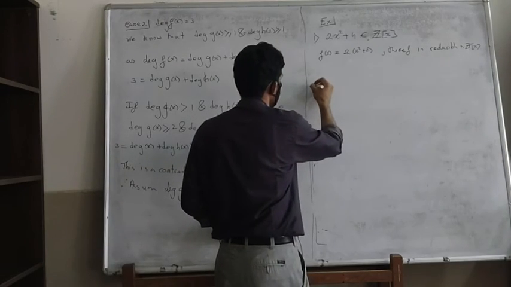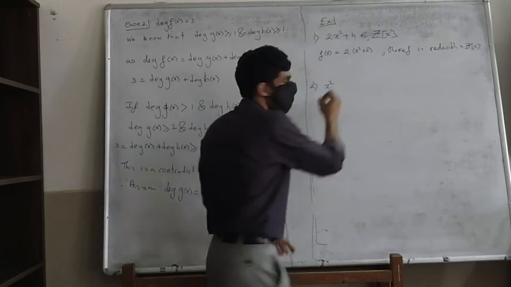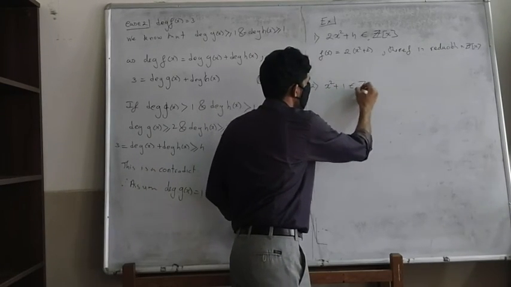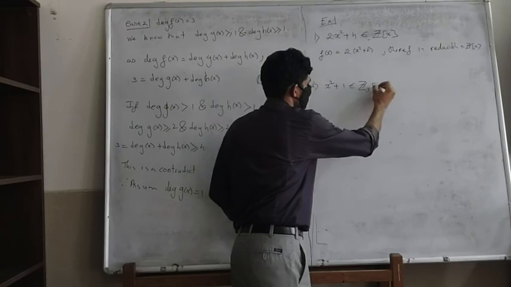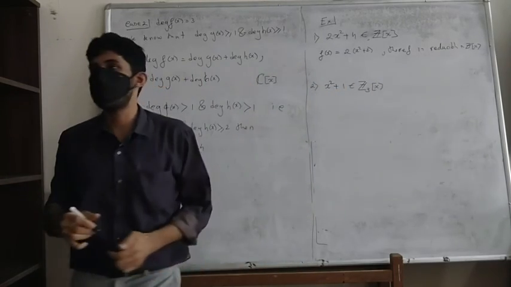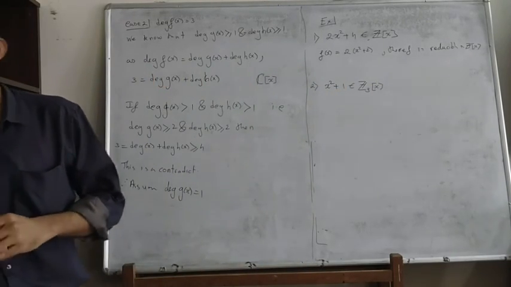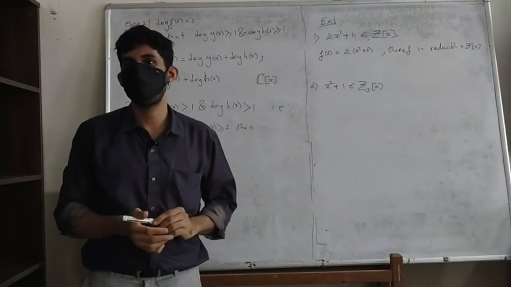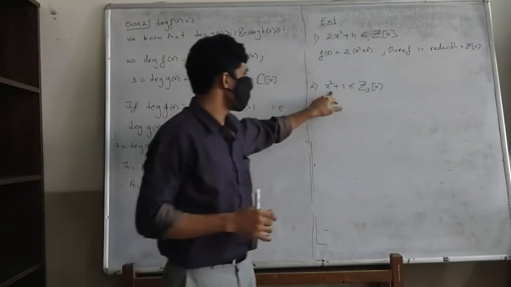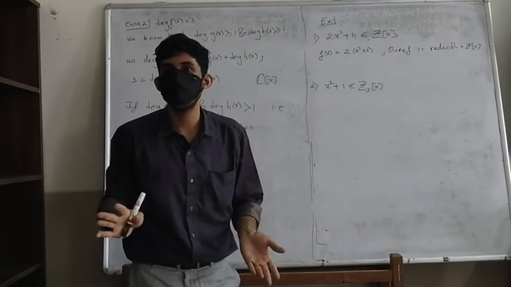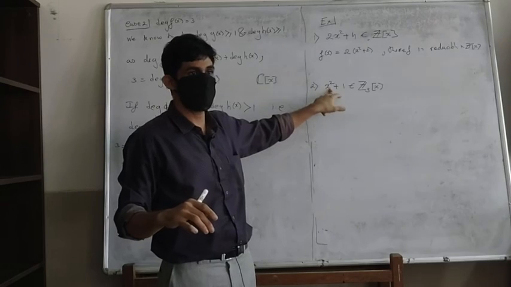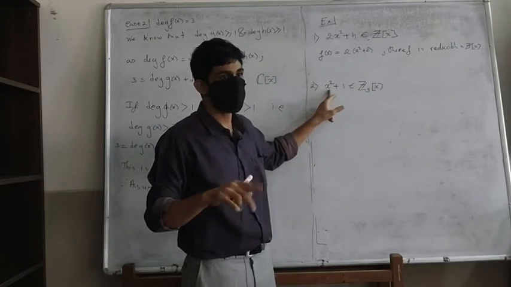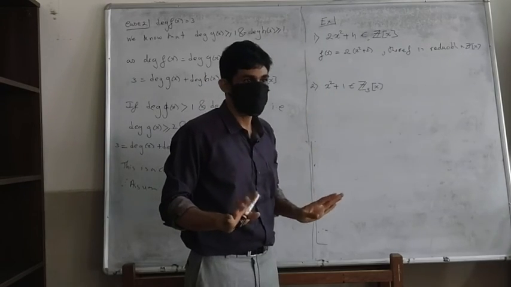Let's look at x square plus 1 in Z3[x]. Is this reducible or irreducible in Z3? All you've got to check is roots, because it's a polynomial of degree 2, right? So in Z3, 0 gives you 1. If you substitute 1, 1 square is 1, 1 plus 1 is 2, so that's not a root.